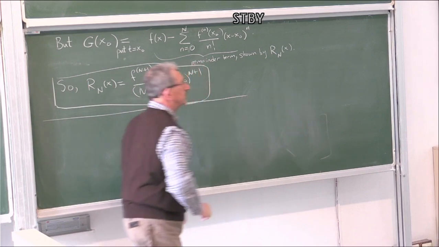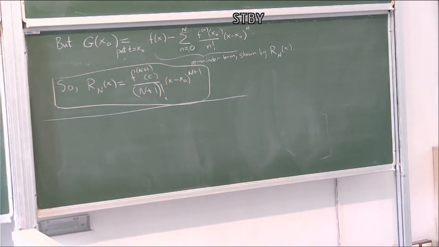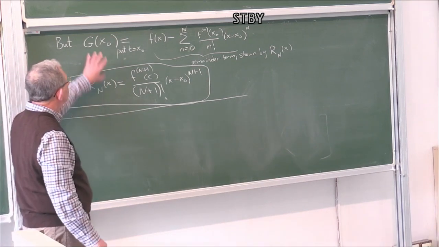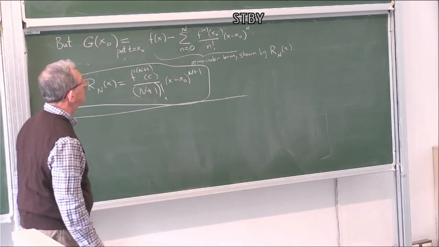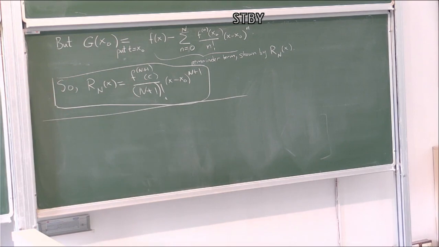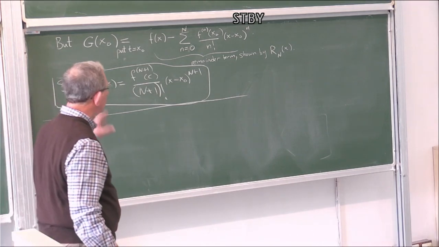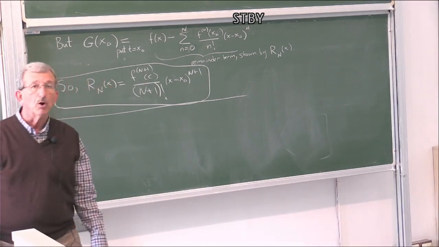So this finishes the proof of Taylor's theorem. It tells us what the difference between f and the partial sum sequence is. Now, this is very valuable information. Now, we are going to use this knowledge.